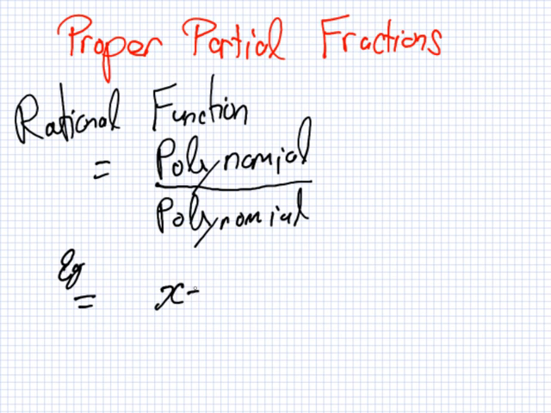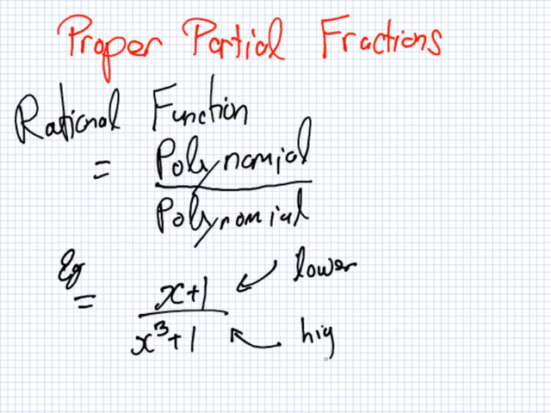here's a very simple rational function. It's a linear divided by a cubic. That's a rational function. Okay? What does the proper part mean though? So the proper part means that the power on the top must be lower than the power on the bottom. So the bottom has the higher power.